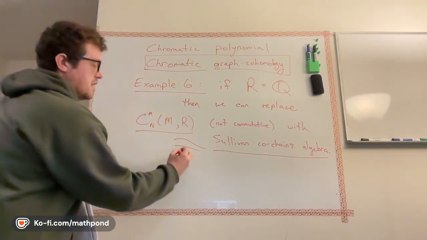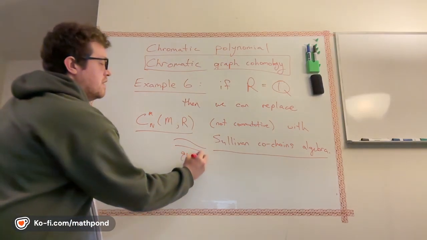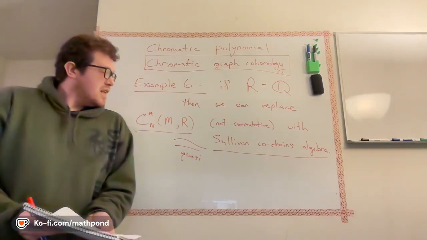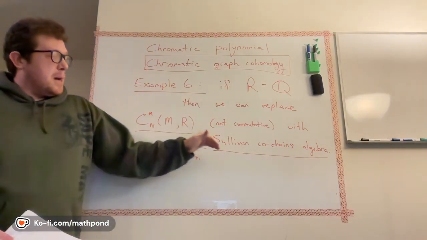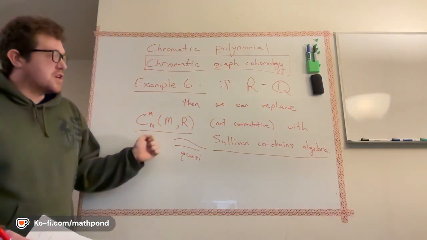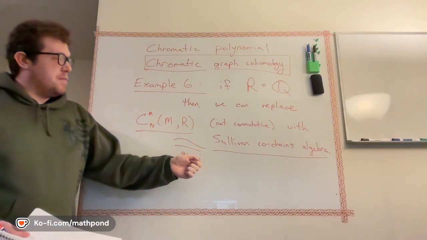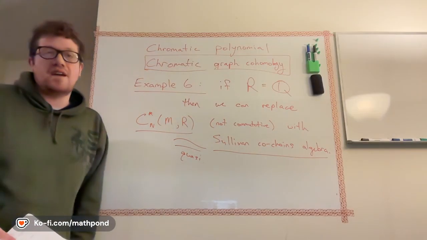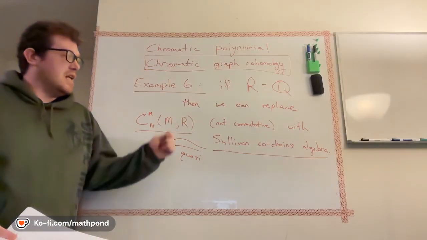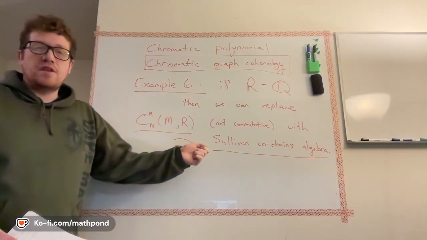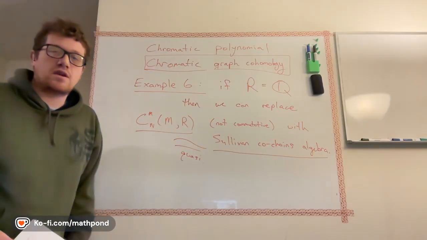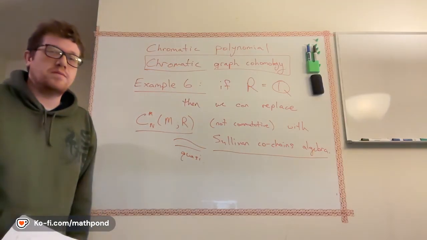I'll write it as quasi-isomorphism, and that means, like I was saying, the structures are not exactly isomorphic, but if you reduce everything down to cohomology, then it is an isomorphism. It's some sort of function between the two that is not necessarily an isomorphism, but once I reduce everything to cohomology, it becomes an isomorphism.